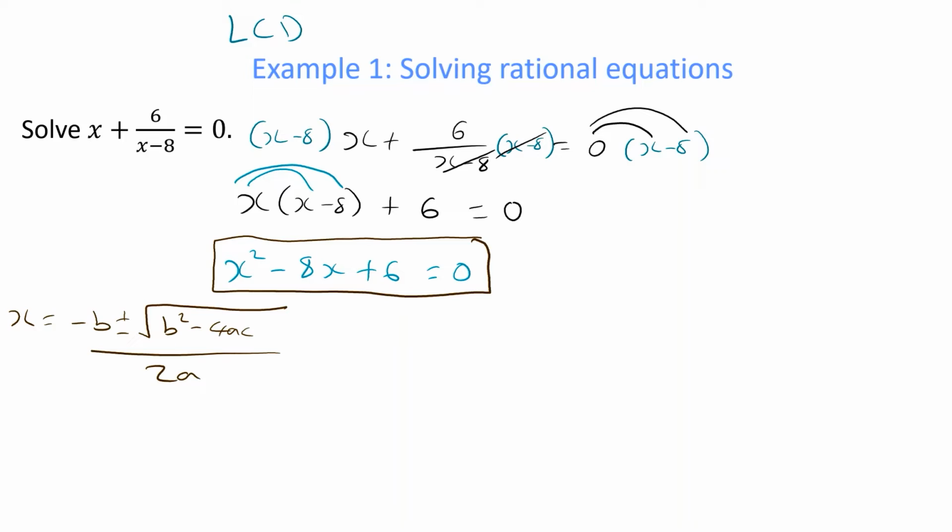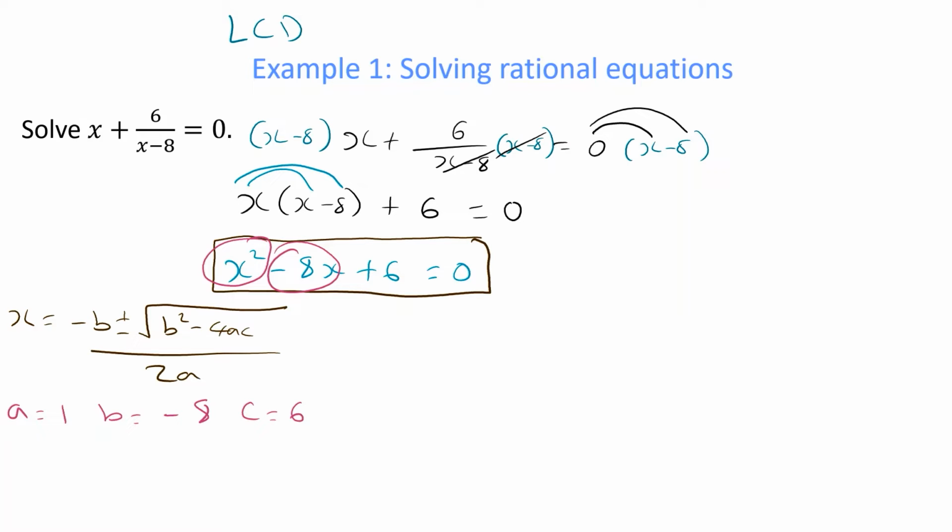A good tip I would give you is to label each variable. So a, the coefficient of x squared, is going to be 1, b is -8x, so we'll have -8. It is important to recall that the minus is attached to the 8. A common misconception is that students tend to leave that out.